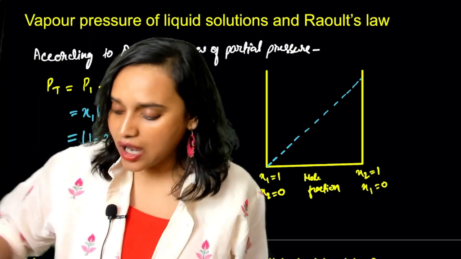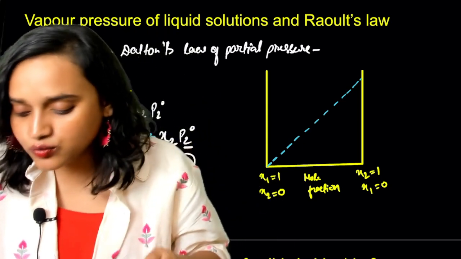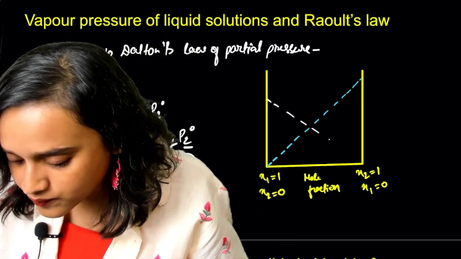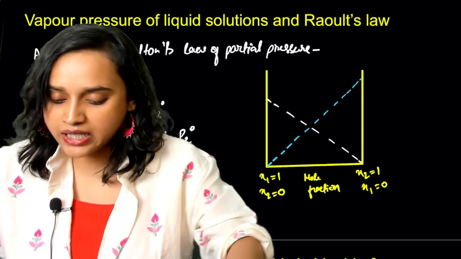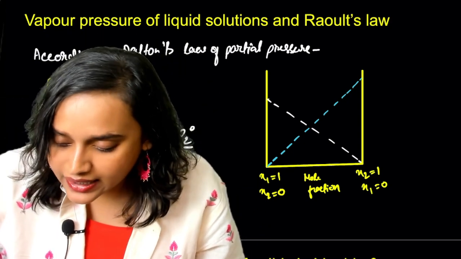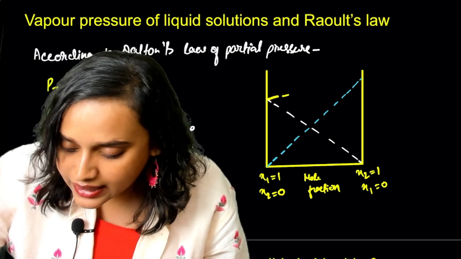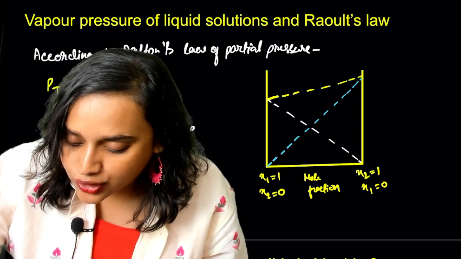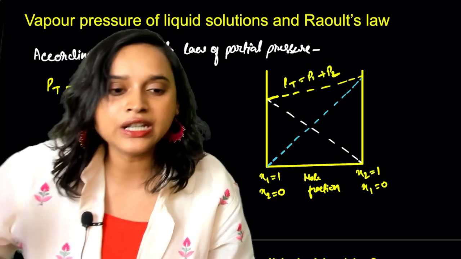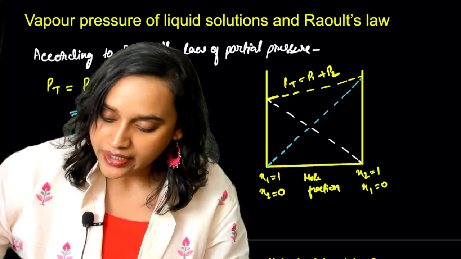Now, for chi 2, this is my chi 2. Now, what is going to be my total? This is going to be my P total. So, P total is equal to P1 plus P2. Do you all agree? Yes. Now, look at this.